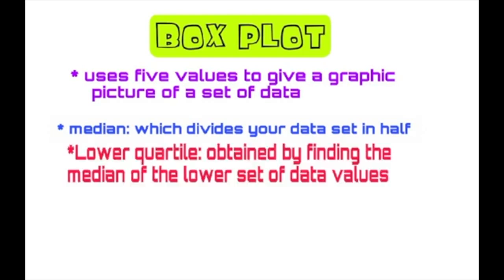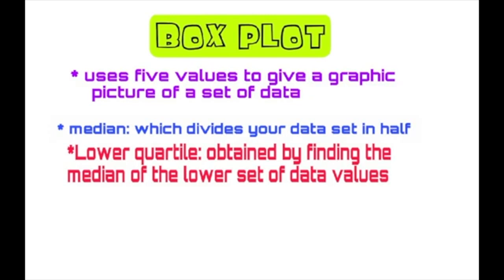Once we find the median, we can then find the lower quartile. And the lower quartile is simply the median of your lower set of data values. So if there's only one median in the middle, all the numbers to the left of it would be part of finding the lower quartile.